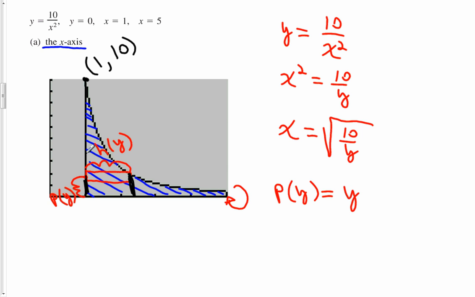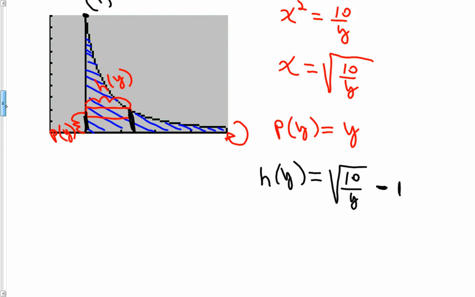And this x value over here is always 1. So my hy is actually going to be the x value, or the square root of 10 over y, minus 1.